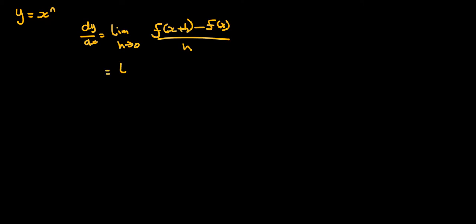So the next line then, limit h to 0, we've got (x plus h) to the n minus x to the n, all over h.